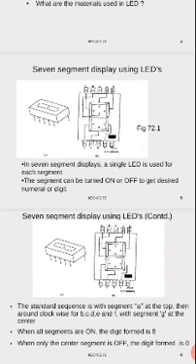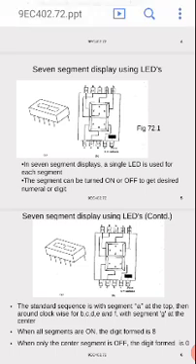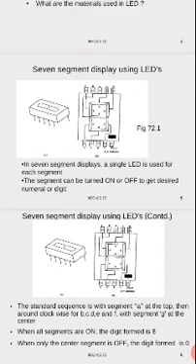The 7 segment display using LEDs. The standard sequence is with a segment A at the top, then around clockwise for B, C, D, E, and F, with segment G at the center.